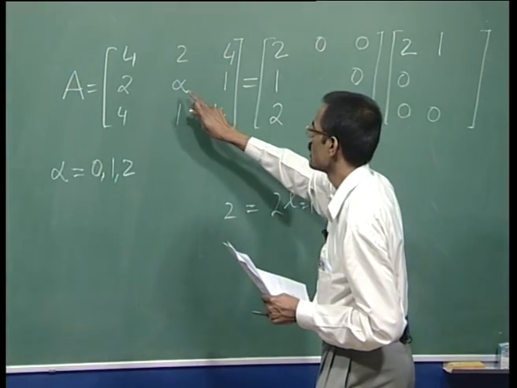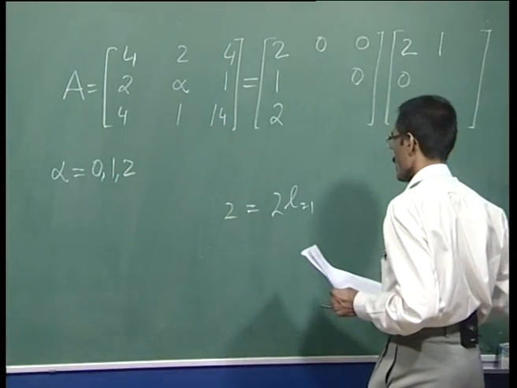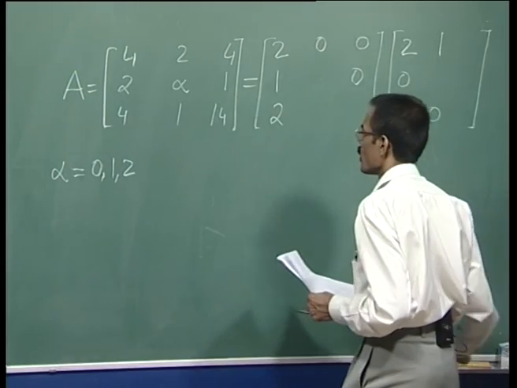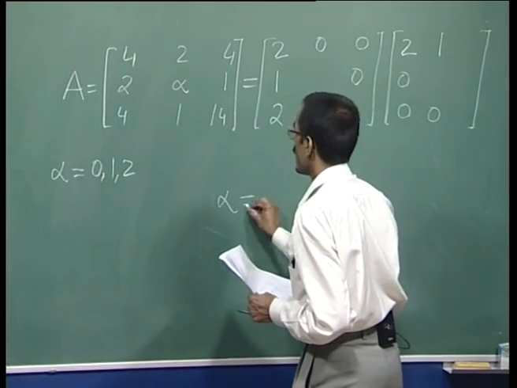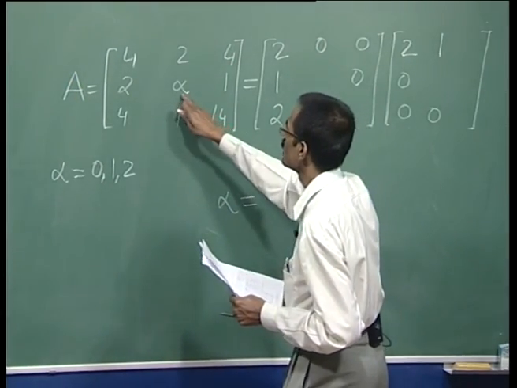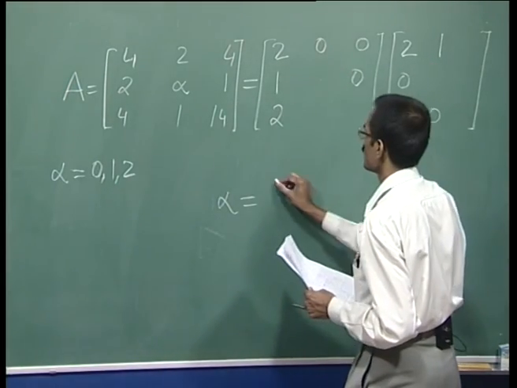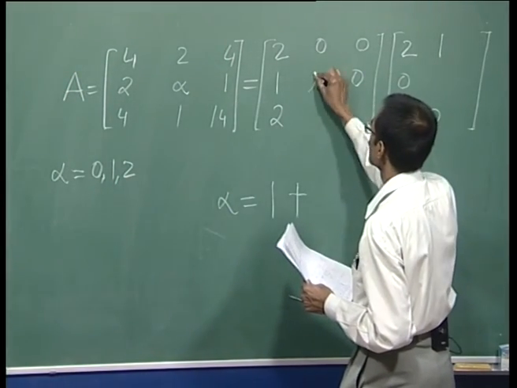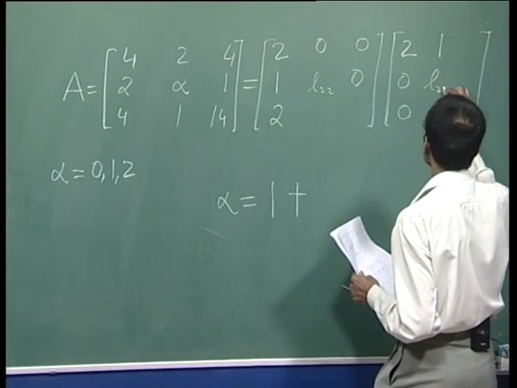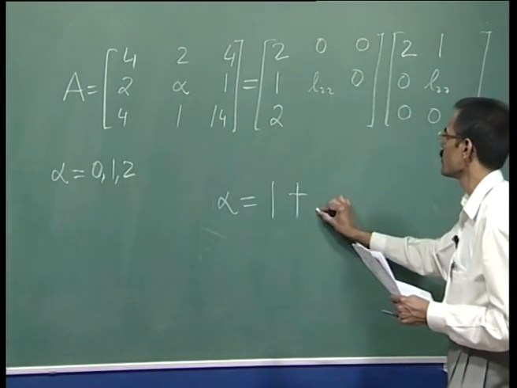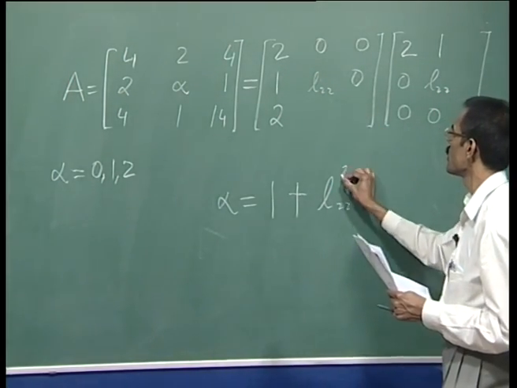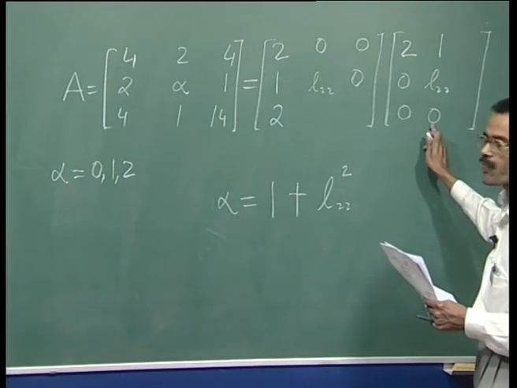For alpha, this is the crucial step. We have alpha equal to 1 into 1 plus L22 into L22 plus 0.